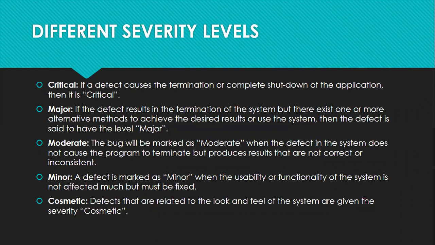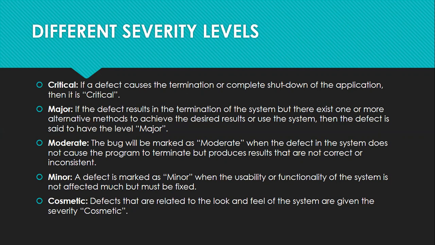Then comes minor defect. Minor defects are not impacting much of the business of the customer. It must be fixed, but it is not the priority to fix that defect, because it is not harming the customer, it is not stopping the customer from working on the software. Then comes cosmetic.